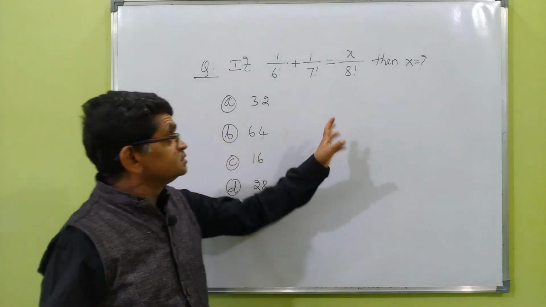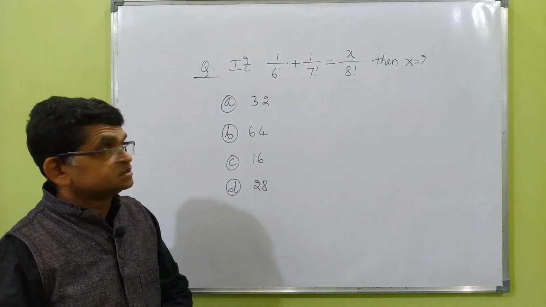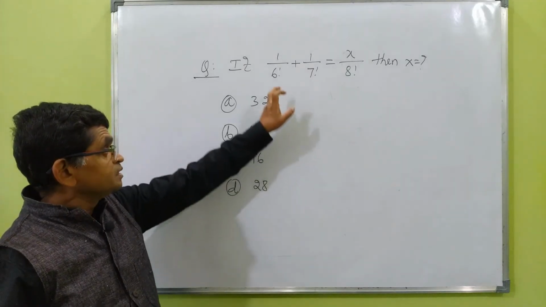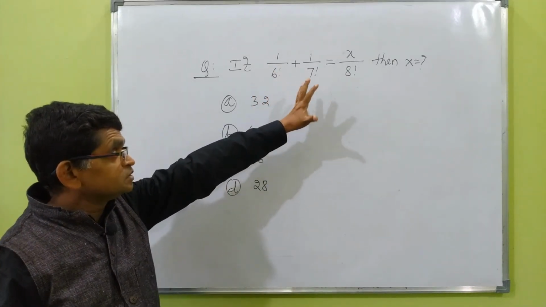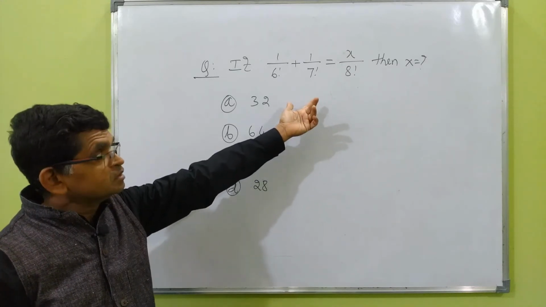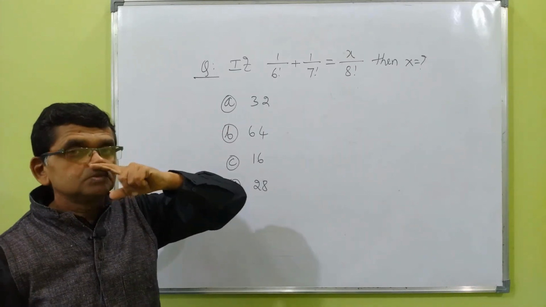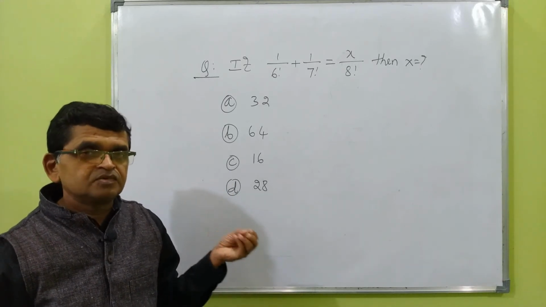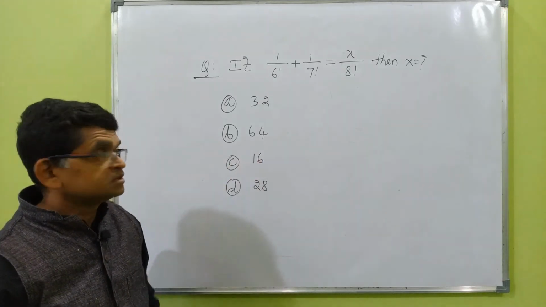See, this is another example on permutation and combination. Here 1 by 6 factorial plus 1 by 7 factorial, you can work out this also. But if you know the rule, within a fraction of a second, within 1 or 2 seconds, you can solve this easily.